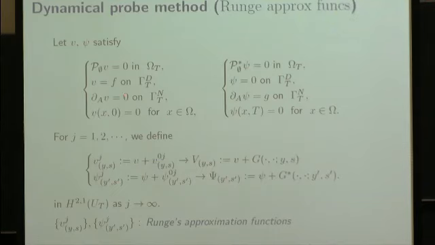To handle the fixed data f and also the g, I also have to consider some v and psi, which are the solution to these mixed boundary value problem. And then I define another sequence. For instance, the bjys is the sum of b and the previous b0jys.